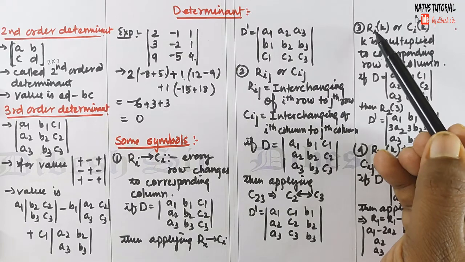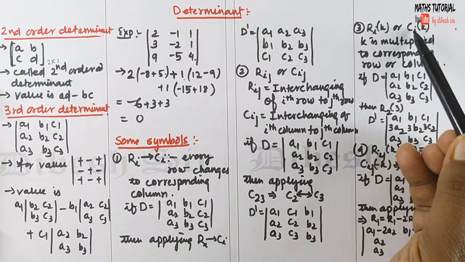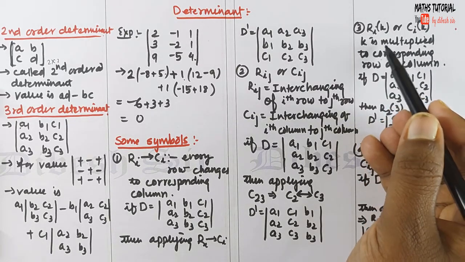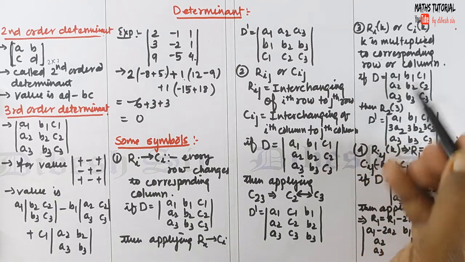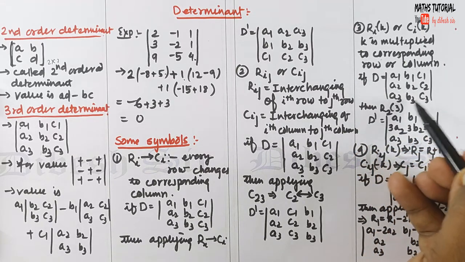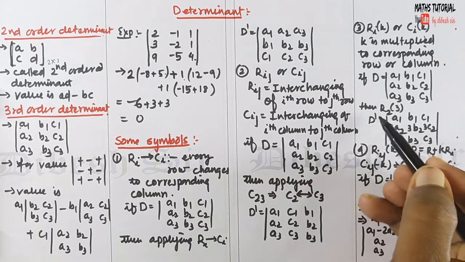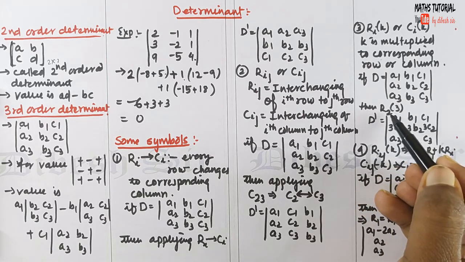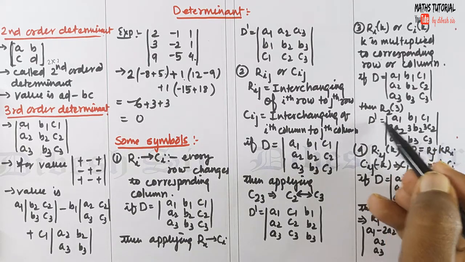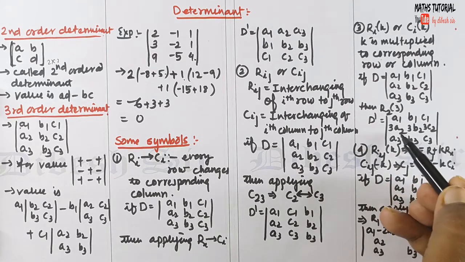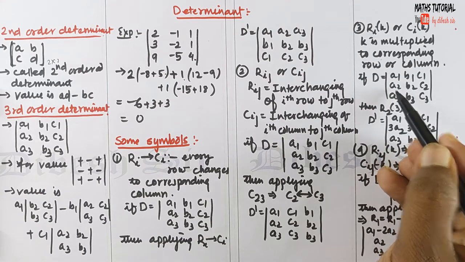Third, Rik or Cik. K is multiplied to corresponding row or column. If D is equal to this, A1, B1, C1, A2, B2, C2, A3, B3, C3, then applying R2 with 3, that is 3 multiplied with row 2. So D dash becomes A1 B1 C1. This is our row 2 multiplied with 3.